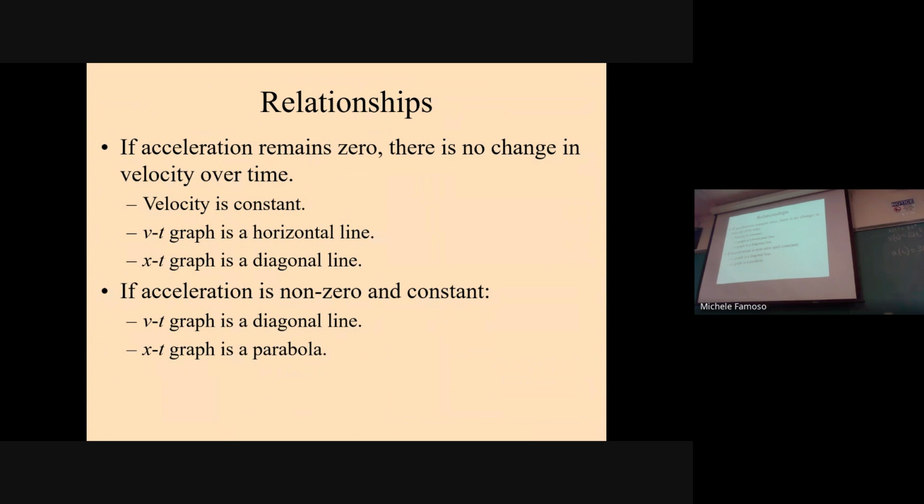The methods you learned last year in Regents physics and all of those kinematics equations we had last year still work, but they only work in very specific cases, where the acceleration is a constant value, either 0 or some other number. That acceleration doesn't change.